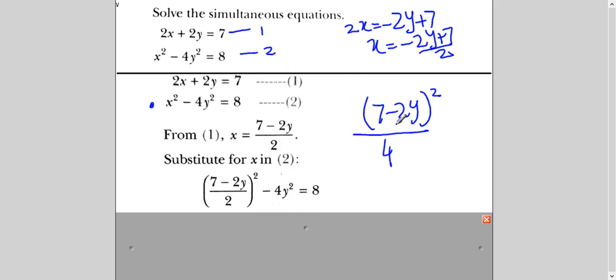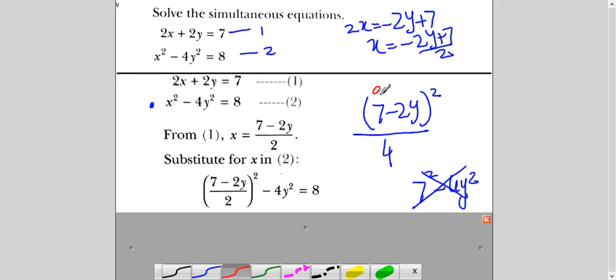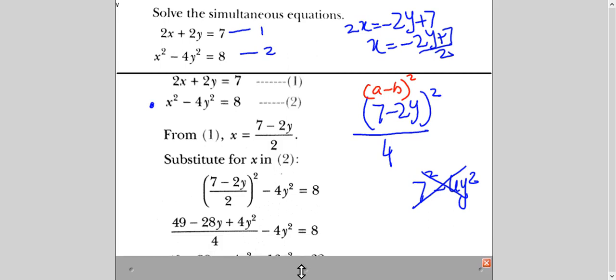The common mistake is that students square each term and write 7 square minus 4y square. Do you know why this is wrong? You need to recall the algebraic identity. So this is what we will do here.